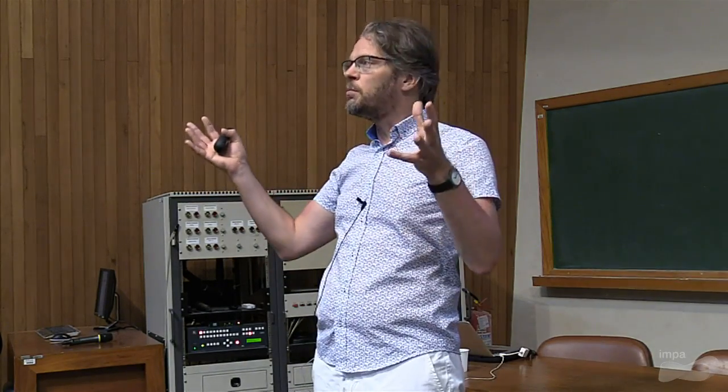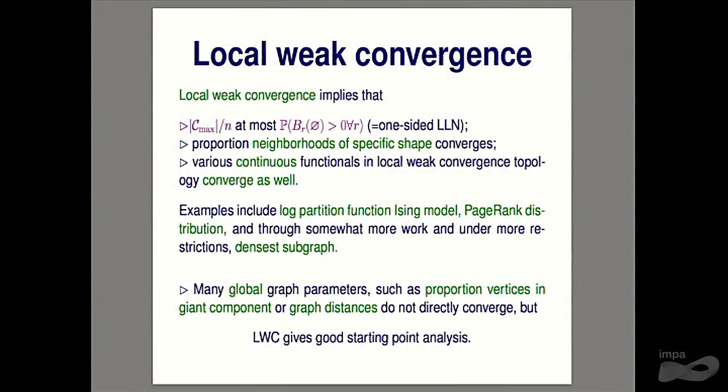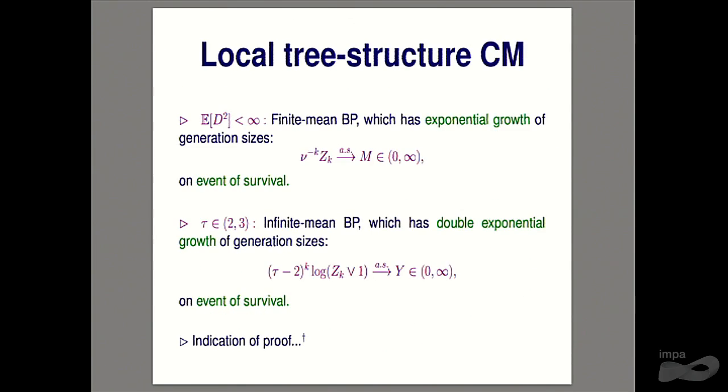And because I have lots of vertices on the boundary, I've reduced my problem from finding few vertices close to the vertices that I found, to a huge number of vertices. And that is actually very convenient. Okay? So, in a certain sense, you could say that local weak convergence gives a good starting point for an analysis, for example, for graph distances.